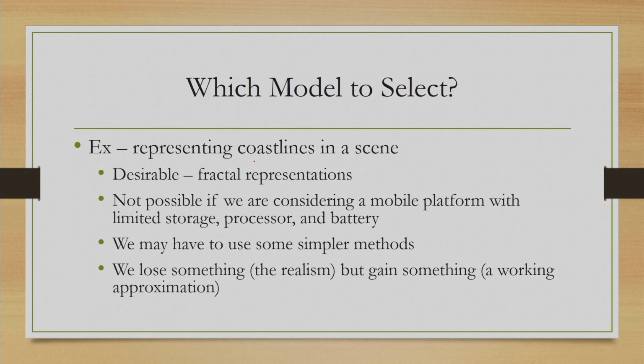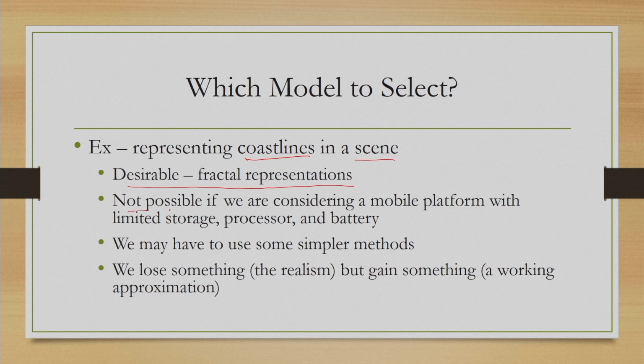For example, suppose we want to represent coastlines in a scene. So, what is desirable? Coastlines are typically self-repeating structures, and fractal representation is very good for such shapes. So, we ideally should use fractal representation to have a realistic coastline displayed.